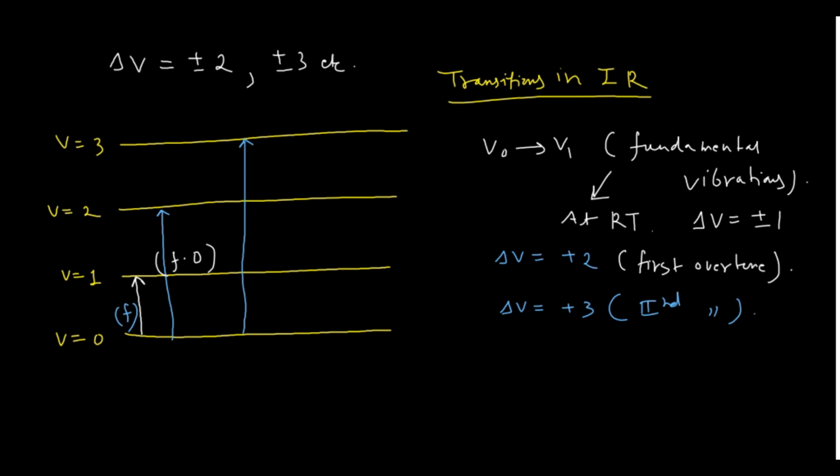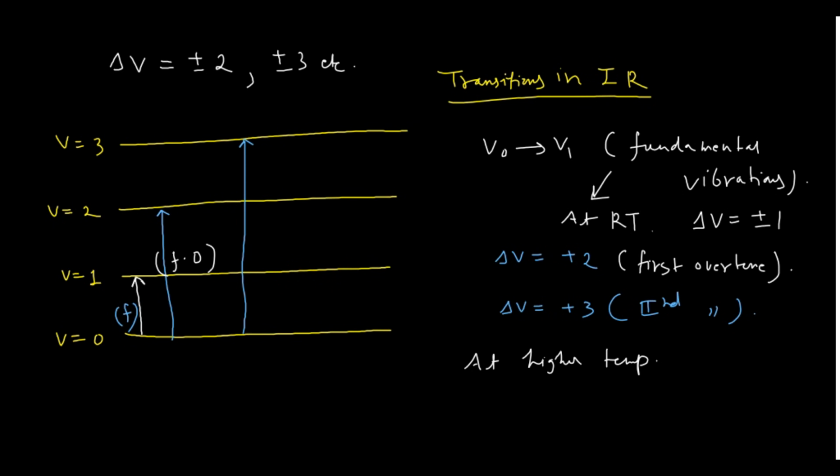And what happens next? If you increase the temperature, at higher temperature, your molecules may be promoted from the zero vibrational state to the first vibrational state. That means now V1 would be greatly populated.